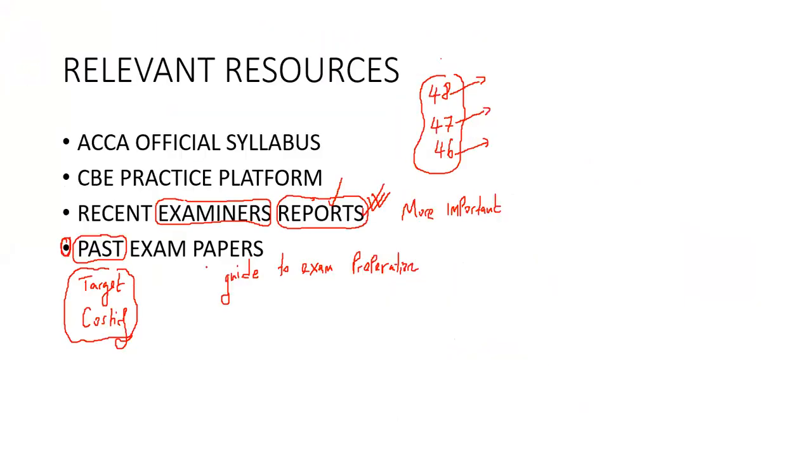Here's my slide. Past exam paper practice. When I get people wanting to join me for revision, I ask a question: have you gone through the last 3 papers? Have you done them yourself again and again? You get the answer, no, I haven't. Surely that's not a very good strategy.